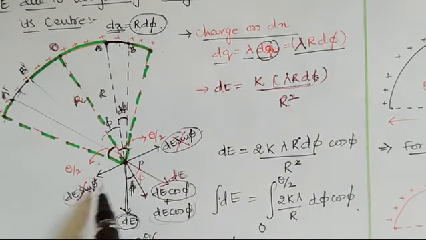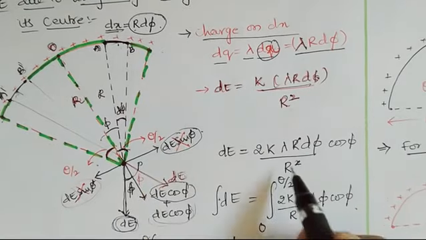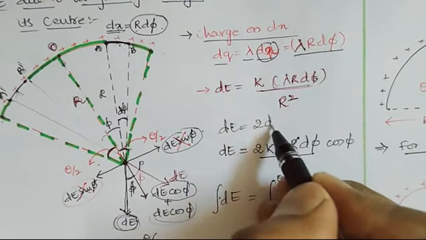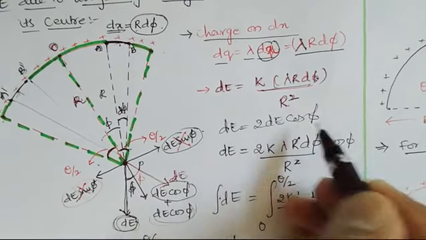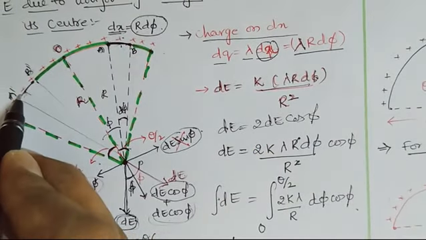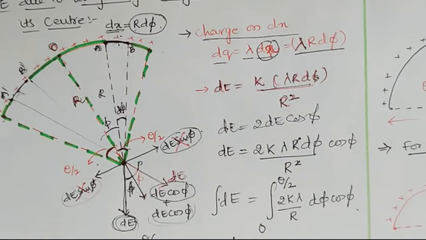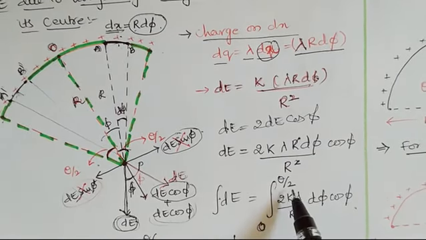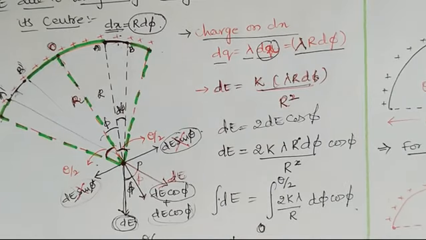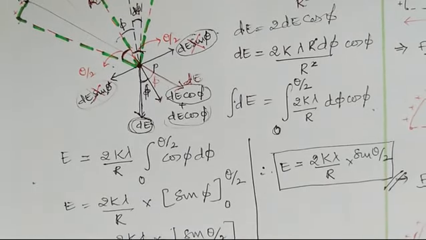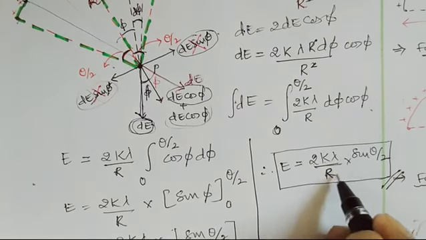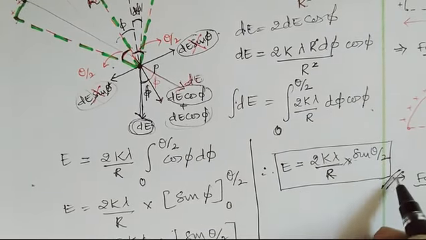This one and this one get cancelled. So we will get only the electric field 2 dE cos phi, one due to AB, another due to A dash B dash. Then we have to integrate from 0 to theta by 2. On integrating we will get the final result: E is equal to 2k lambda divided by r into sin theta by 2.